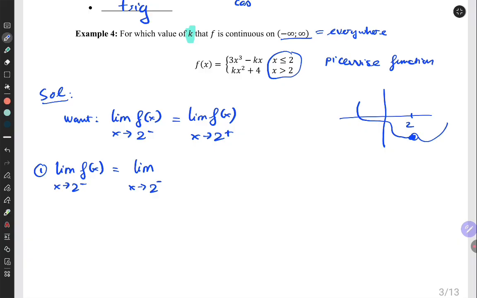So if I'm approaching from the left, which one do I pick? The top one or the bottom one? The top one, right? Approaching from the left means left of 2. Left of 2 is less than 2, right? Less than 2, so I have to use this.